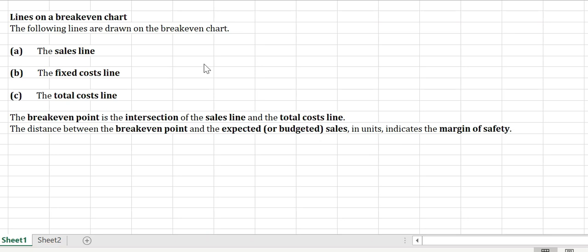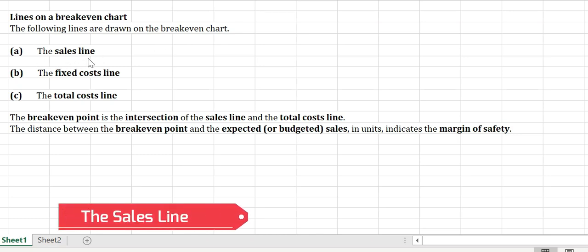Now let's look at what lines are to be drawn on the break-even chart in order to calculate the break-even point. The first one is the sales line.